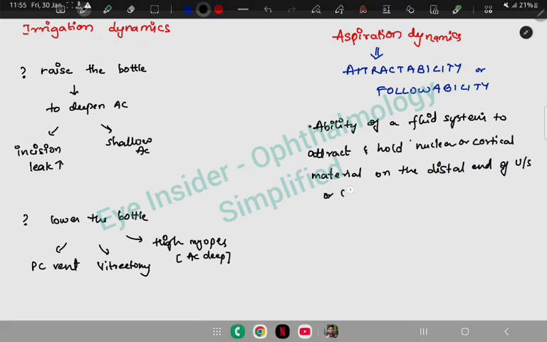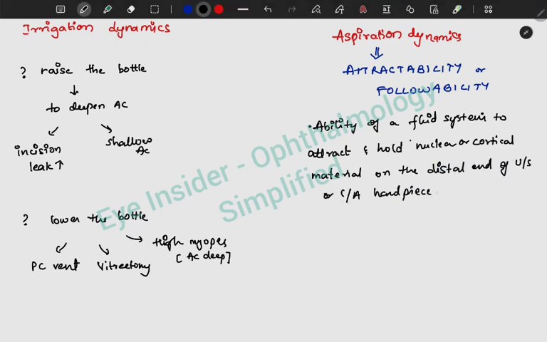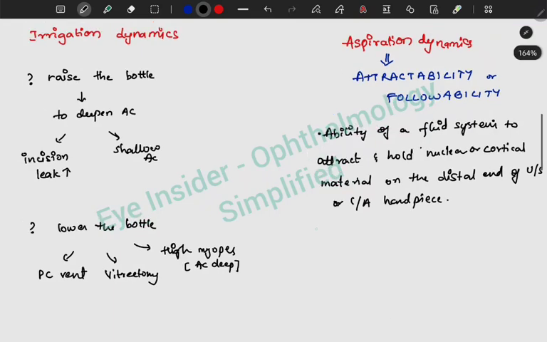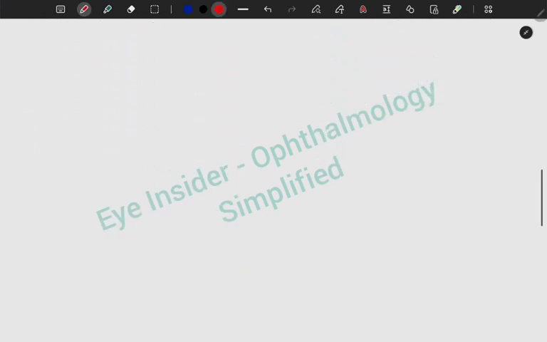Okay, so this is attractability. When the piece is not coming towards the phaco probe, we can call it low followability. In such a case, we have to see what we have to do.